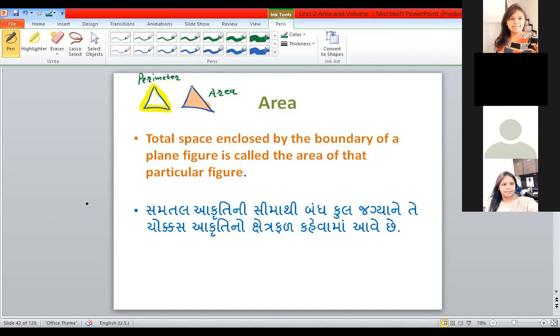So the area and the perimeter, both quantities are different. Perimeter is the sum of the boundary and the area is the space which is enclosed by this boundary. Remember this thing. So let's move on to the formula.